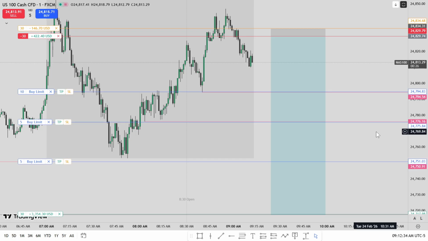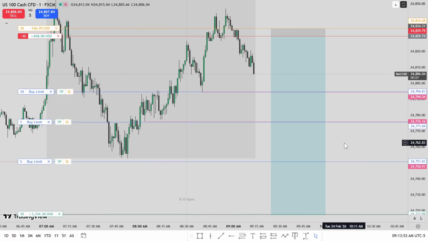After that first attempt, at around 8:45, price did attempt to go through that high but failed, broke a minor intermediate term low, but again came back up. At that time I was thinking, all right, this is probably going to be the trap for the buyers.